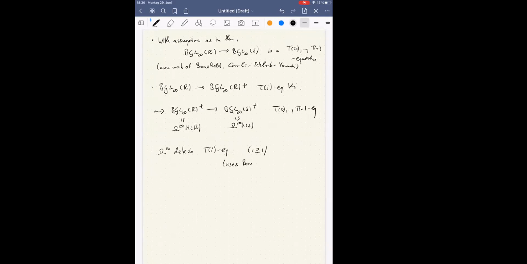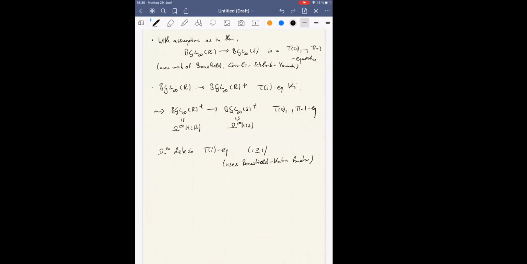If you know what this is, you might be happy with this. If you don't know, I just say it's another non-trivial ingredient from chromatic homotopy theory. This is actually something we also learned from Akhil Mathew. Okay, so this is in short how the proof goes.